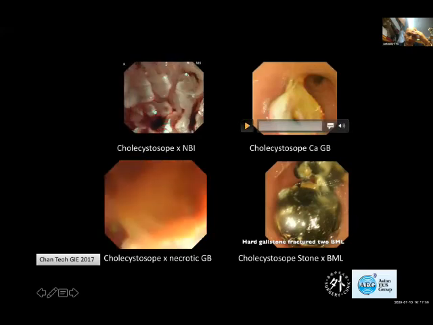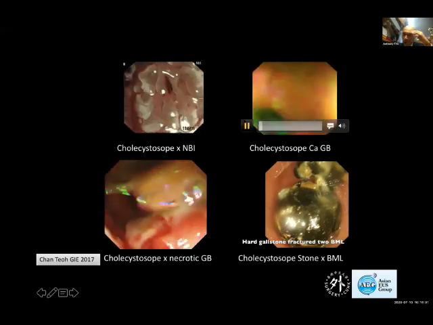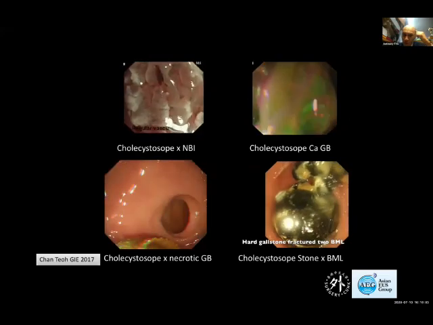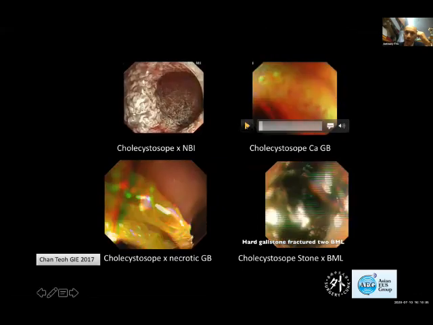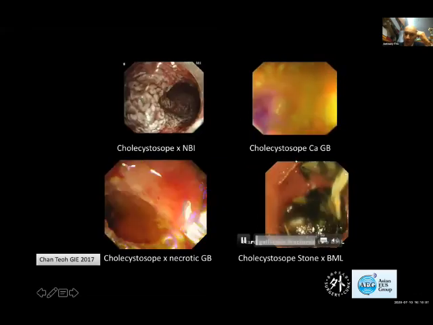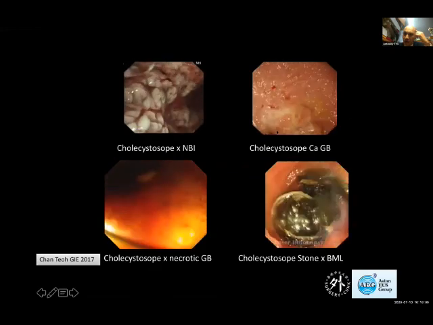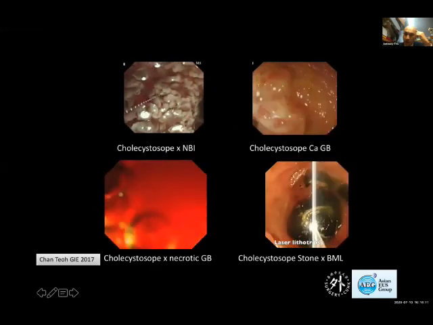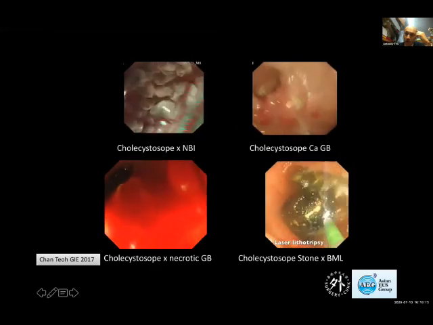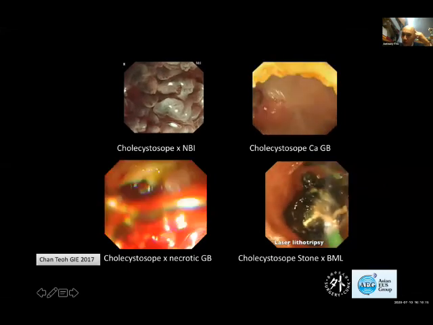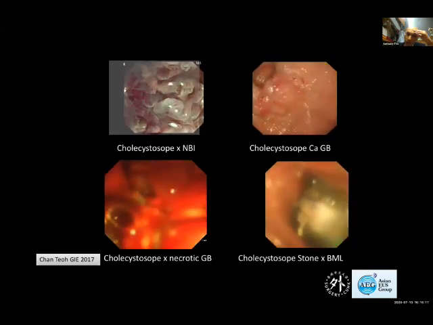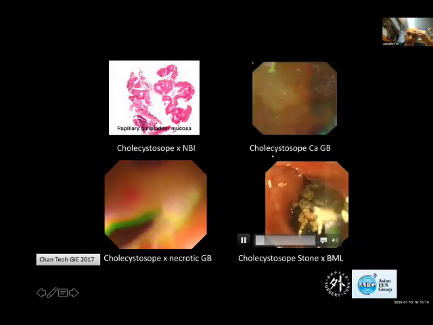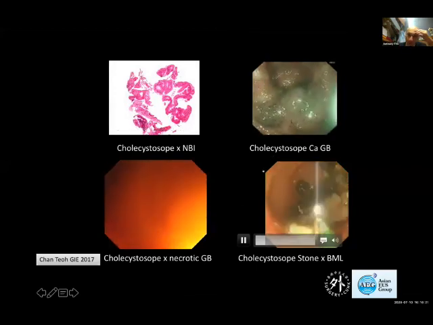This is interesting. This is an elderly patient in whom the pre-drainage CT didn't show anything. But when we went inside, we saw an incidental cancer of the gallbladder. It was an elderly patient, so surgery wasn't planned anyways. But again, this is a very unusual sight.